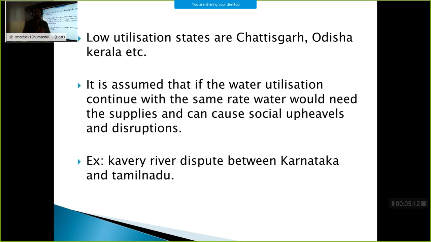Pondicherry also gets a small amount of water from the river Kaveri. So you must have heard of a dispute like this even in India between states. Just imagine a situation when all the countries are fighting for water. It won't happen. We are just assuming a thing, so no need to worry about that.